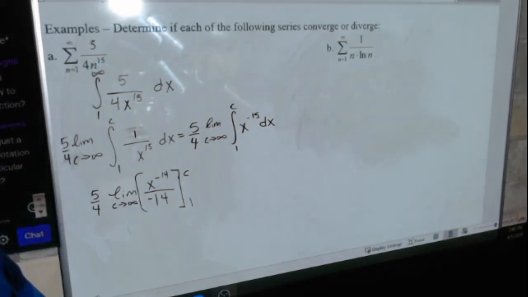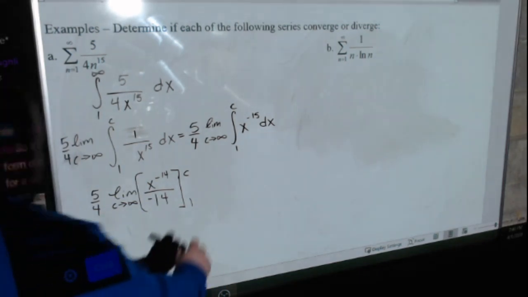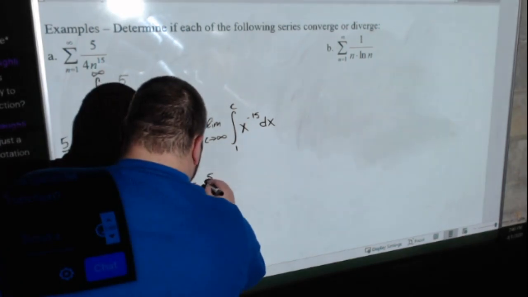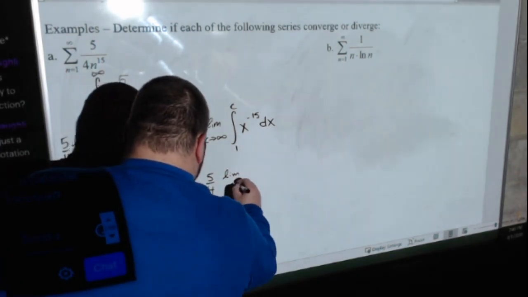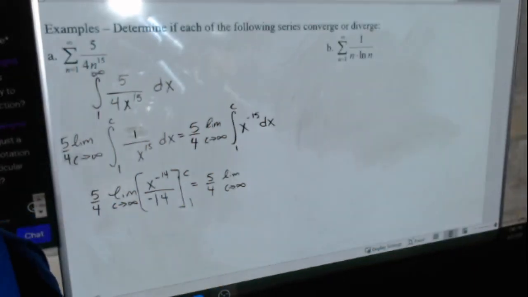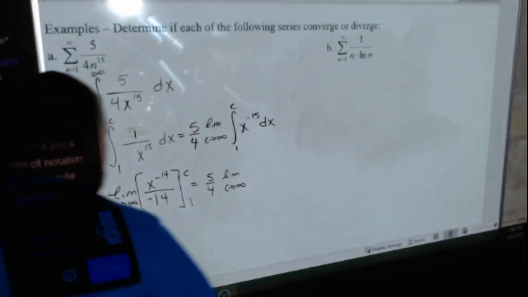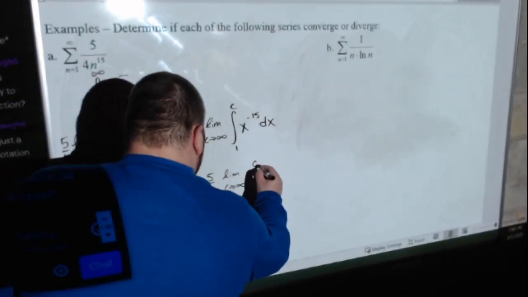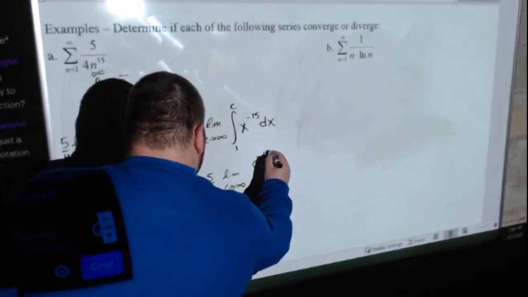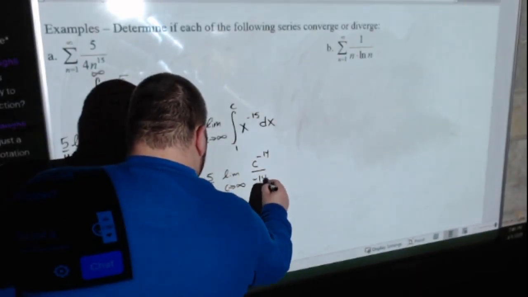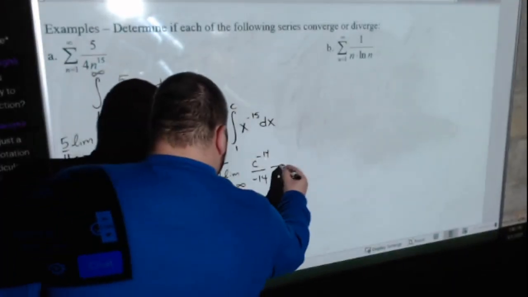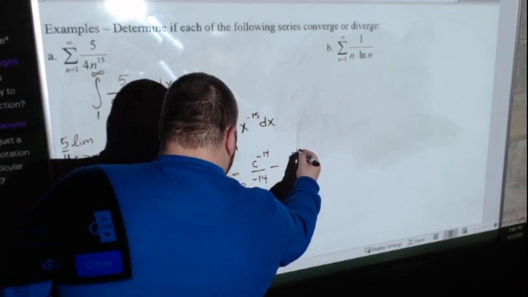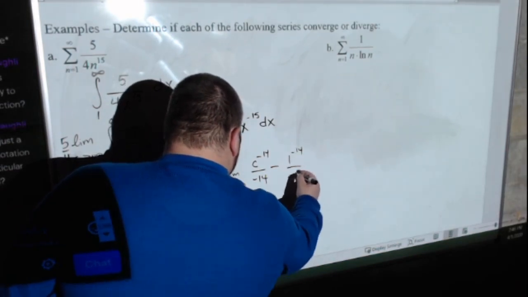So we got to plug in 1 and c. So this is 5/4. Limit c approaches infinity. C to the minus 14 over minus 14 minus 1 to the minus 14 over minus 14.